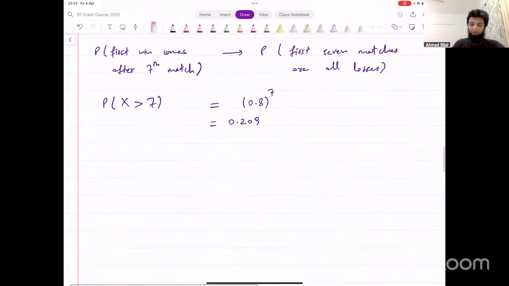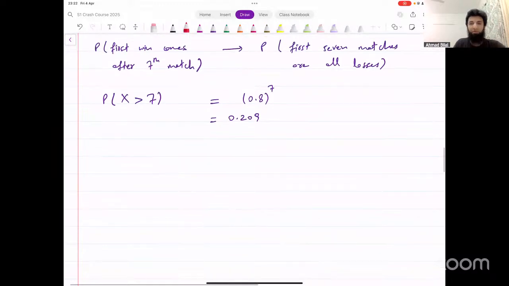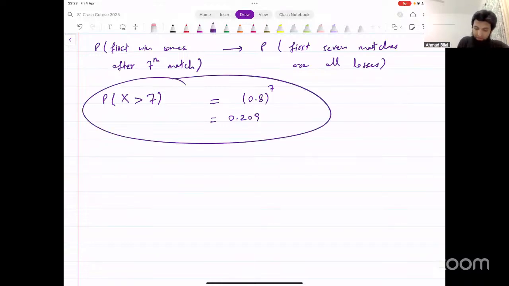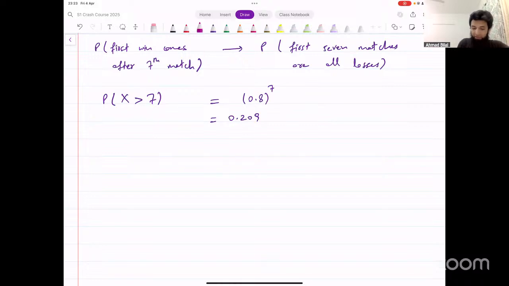And now you can remember a formula that you can use directly in problems like this. Using this, you can arrive at this formula. You can say probability that x is greater than r is equal to q raised to power r. That's exactly what we've done here.